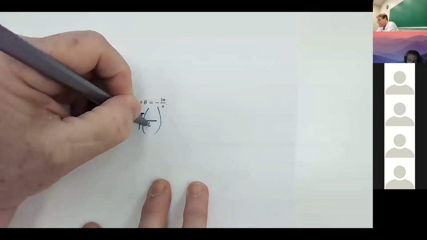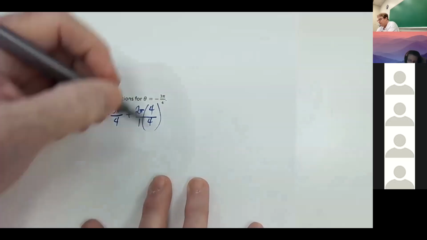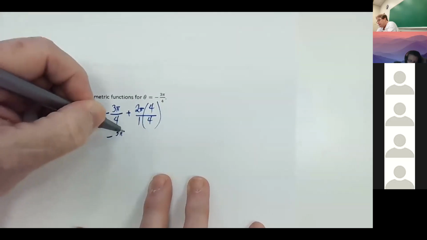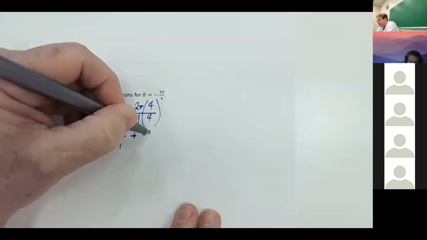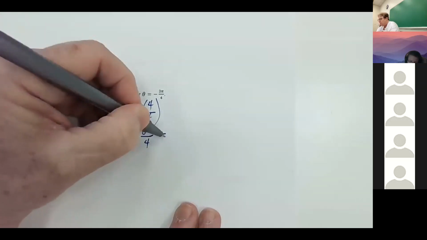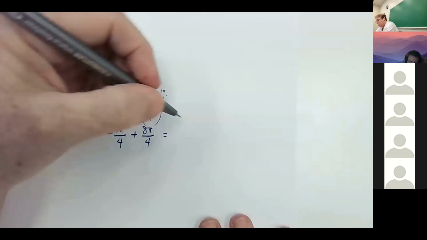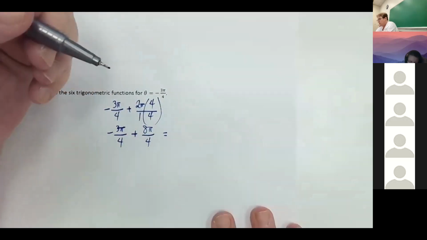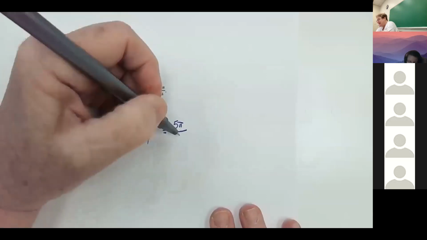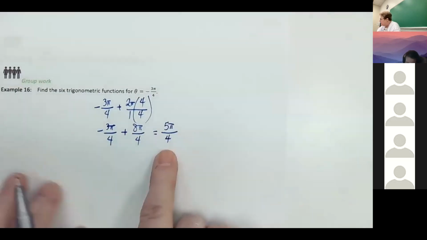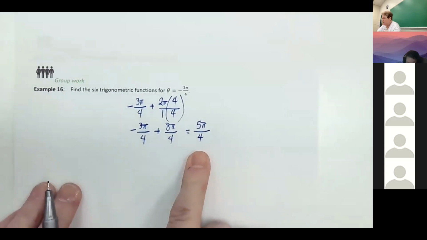Good. So we've got negative 3 pi over 4 plus 8 pi over 4. And what is that? 5, oh sorry, I was just looking at the data. Okay, so 5 pi over 4.